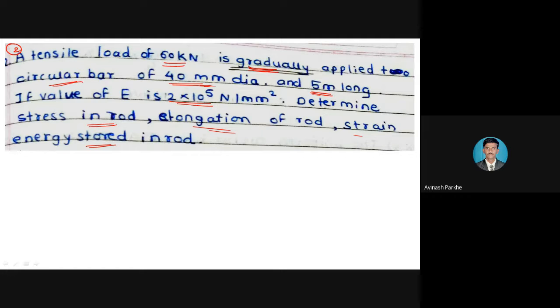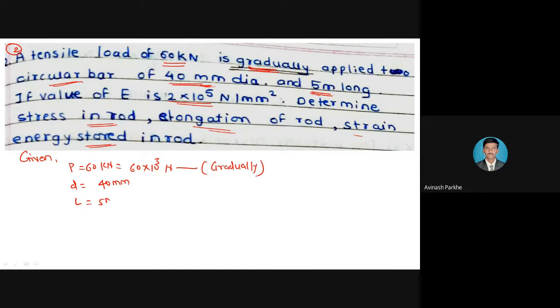So as per the statement, we'll write some given parameters. What will be the given parameters? P is equal to 60 kilonewton, that is 60 into 10 raised to 3 Newton, which is applied gradually. This is the gradually applied load. Then the diameter of the circular bar is given as 40 mm.